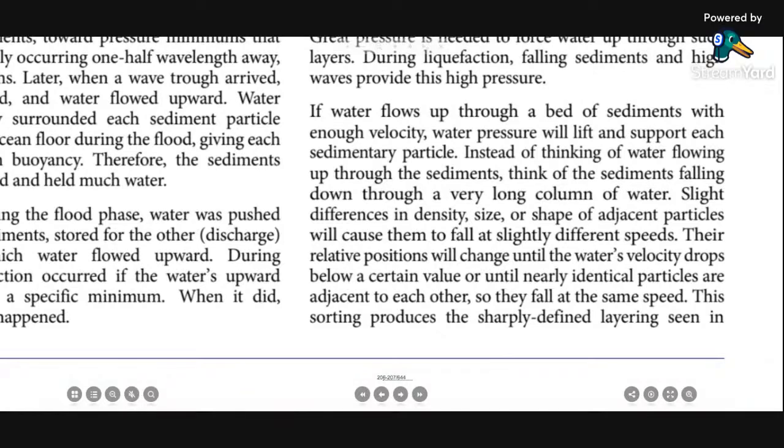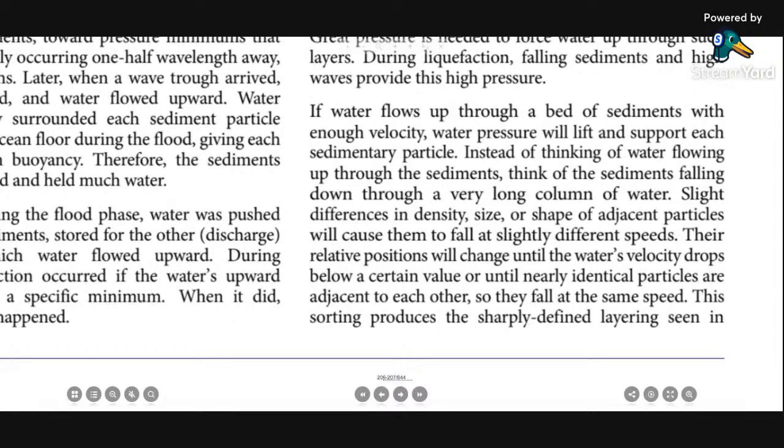long column of water. Slight differences in density, size, or shape of adjacent particles will cause them to fall at slightly different speeds. Their relative positions will change until the water's velocity drops below a certain value, or until nearly identical particles are adjacent to each other, so they fall at the same speed.